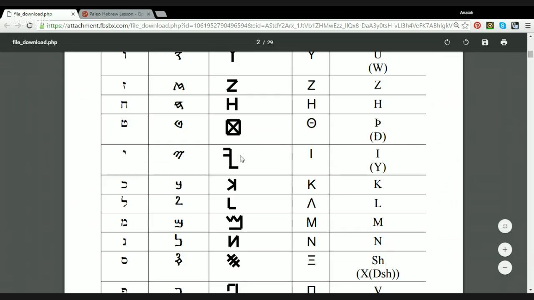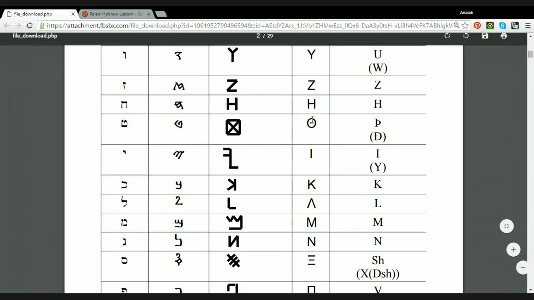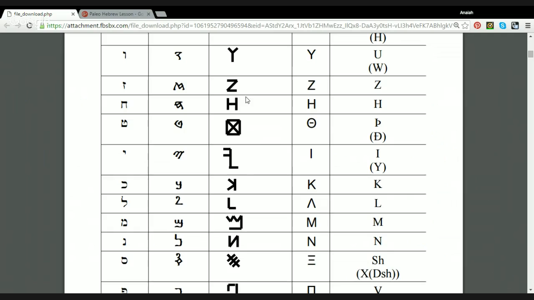But this is yod, kappa, kaf. Yeah, the Greek names even correspond too. So you know the Greek letters are the same letters as the Hebrew because it's the same names. Kappa, kaf, lambda, lamed, mu, I think, and nu.